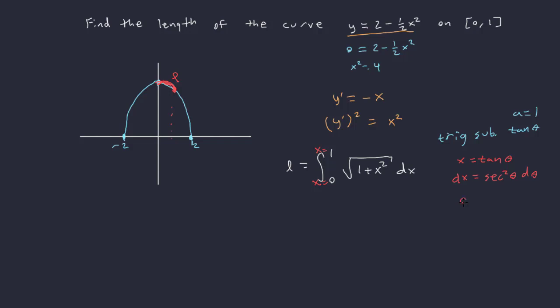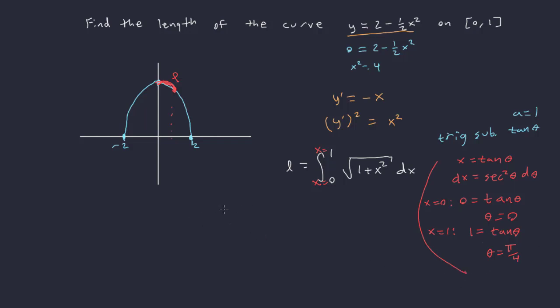So x equals 0 gives us tangent theta equal to 0, so theta is 0. And x equals 1 gives us 1 is equal to tan theta, and the angle that makes tangent 1 is pi over 4.